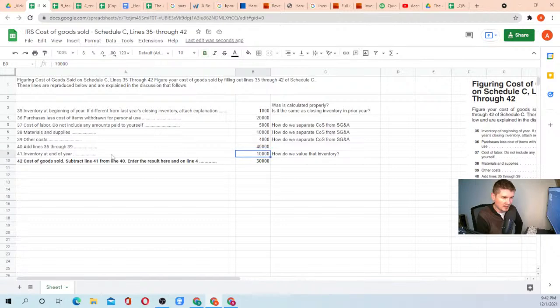Let's assume our closing cost was 0, that we sold everything. In that case, our cost of goods sold would be whatever we have at the beginning, plus purchases, plus cost of labor, plus materials, plus other costs. So all of that would total to 40,000, and that would be our sales.